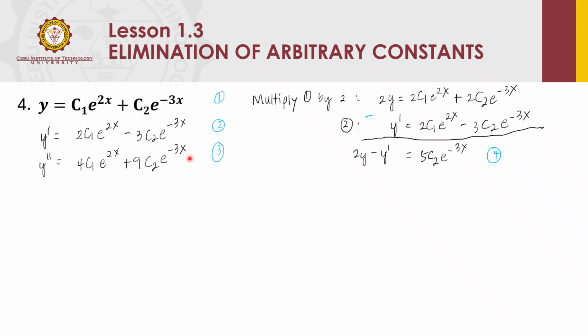Better if we use the ones with 1 for the numerical coefficient so that it would be just easy to multiply with whatever is the factor we need to get rid of C1. So we'll use equations 1 and 3. So we need to multiply equation 1 this time by 4.